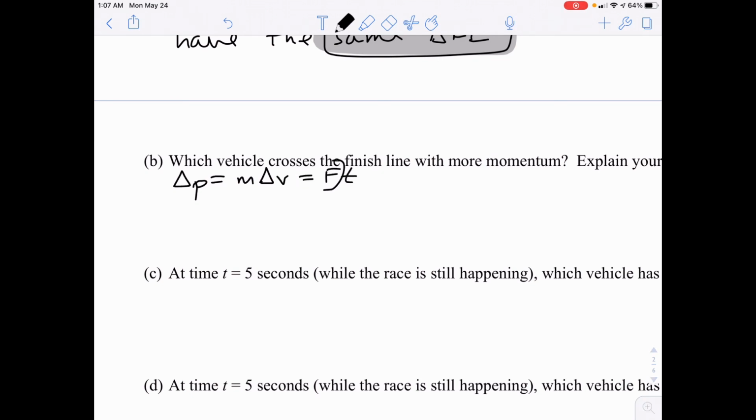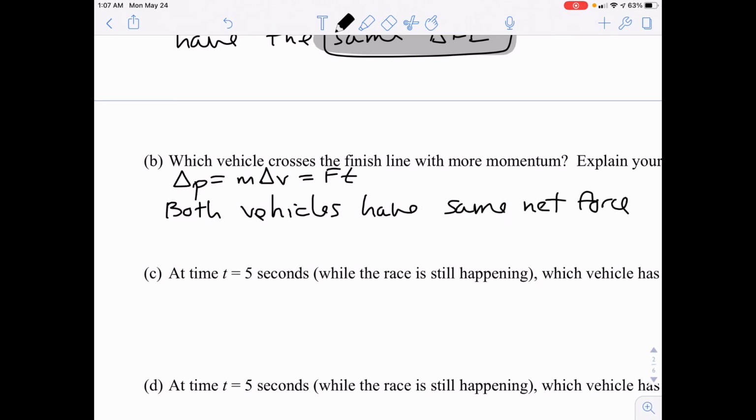Now they have the same net force, so both vehicles have the same net force. However, the bus takes more time.